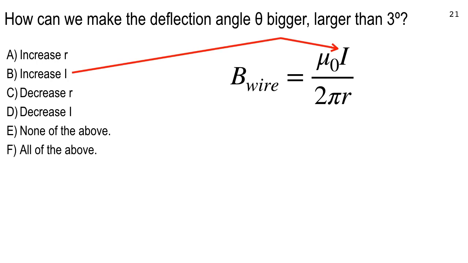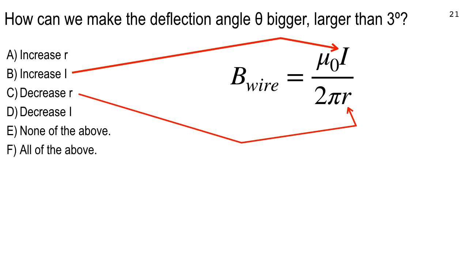You can increase the numerator, and 69% of you voted for that. That's good. But a smaller group of you, 27%, chose decrease R, make the denominator smaller. And that is righteous too. So there are a couple different ways to handle this.